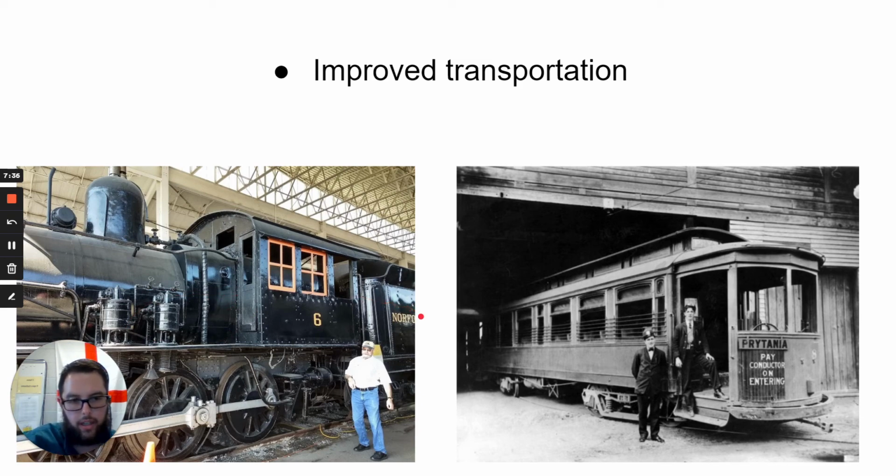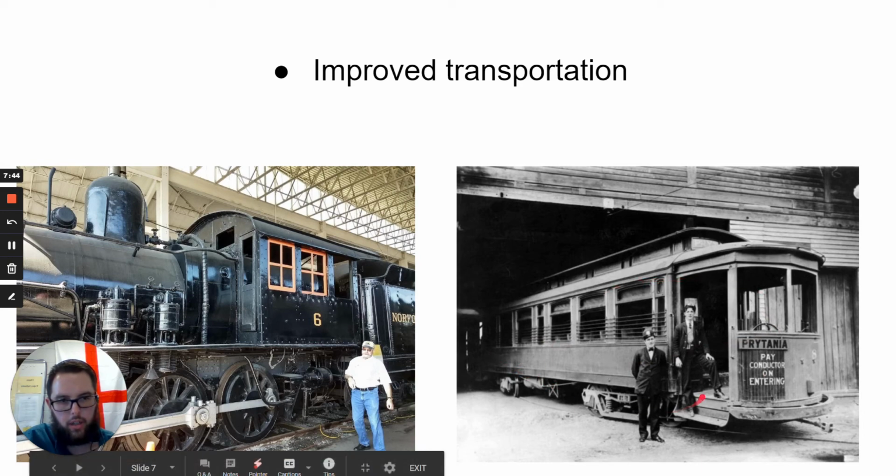Now eventually, as we progress through the Industrial Revolution and we start to get things like electricity, we end up in cities with electrical trolley cars, for instance. No matter whether we're in places like the United States, major cities like Chicago, Boston, New York, or even in London, Manchester, wherever in England, or even, say, Paris, or wherever in the continent of Europe, we start to see that new transportation, right?